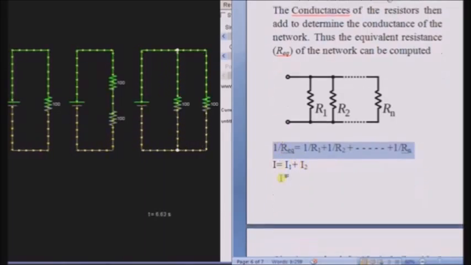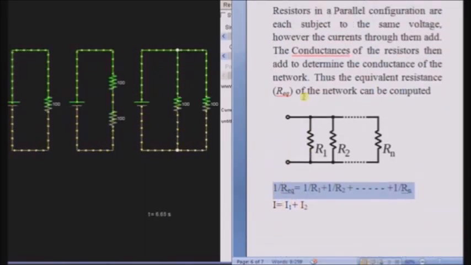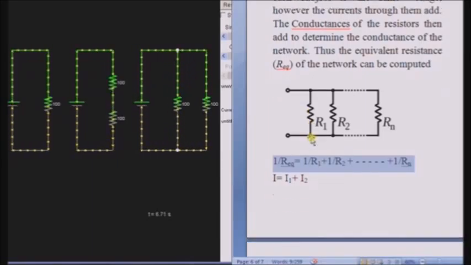The current through each resistor is different, proportional to the resistance, whereas the voltage is the same across each resistor.